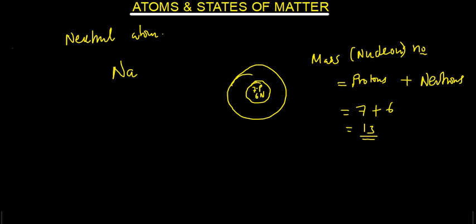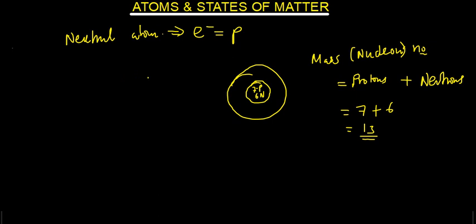If this atom is neutral, since we have 7 protons in the nucleus, it means the electrons are also going to be 7. So for a neutral atom, electrons is equal to protons. That is very important. When an atom is reacting, what is involved in a chemical reaction is electrons.